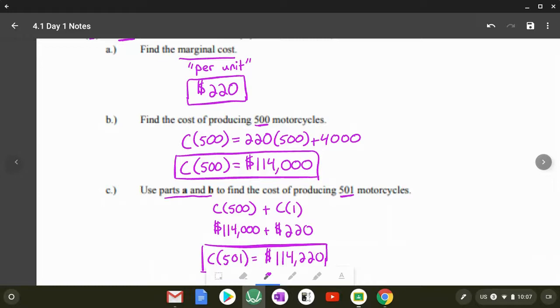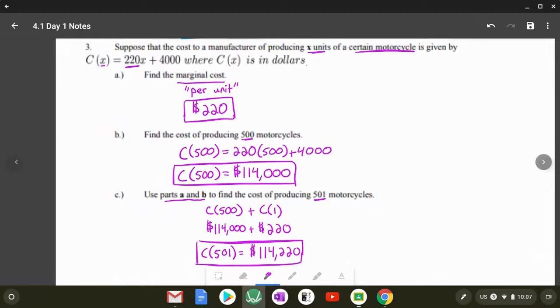So we can add them together, and the cost of 501 motorcycles would be $114,220. Okay, it's very important that we show this work, that because it expressed in the instructions we're using parts A and B, that we follow through on that. Okay, awesome.